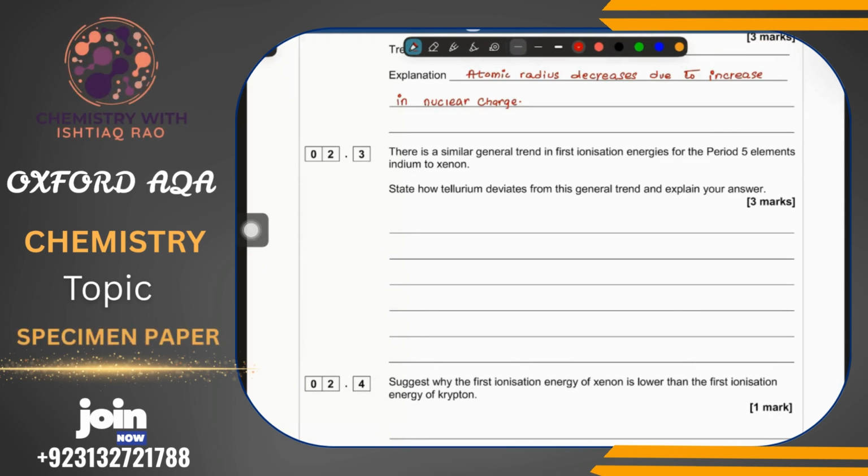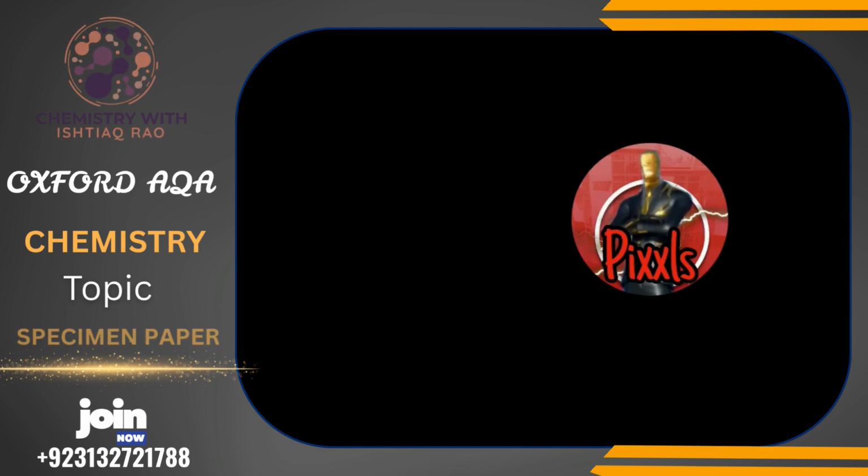Tellurium's atomic number is 52. Indium to xenon, general trend. Tellurium is 52.